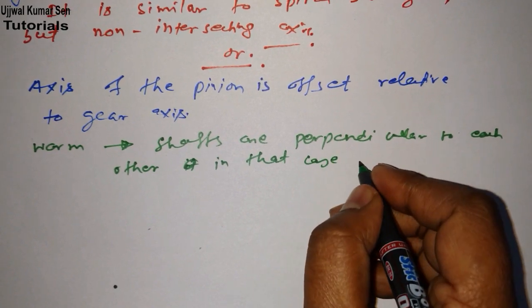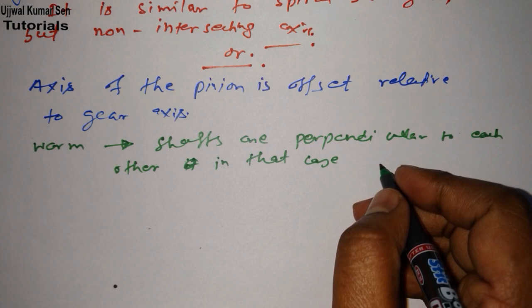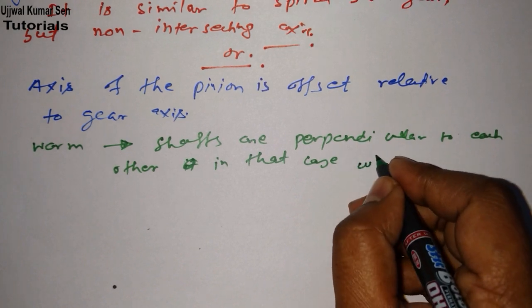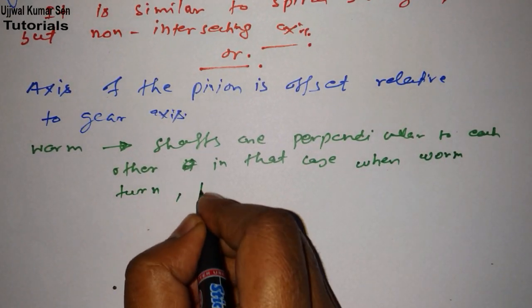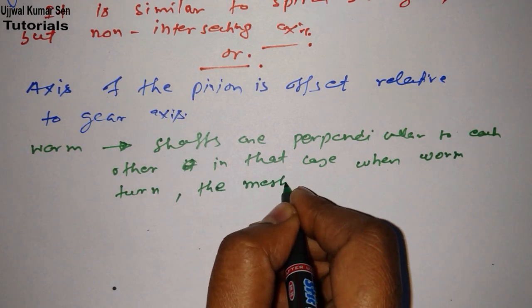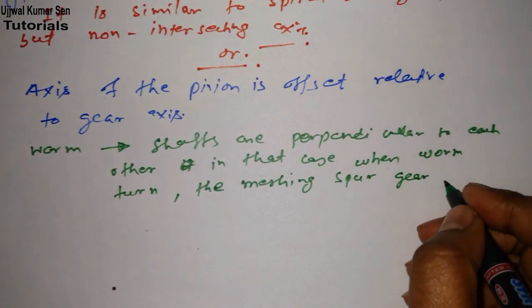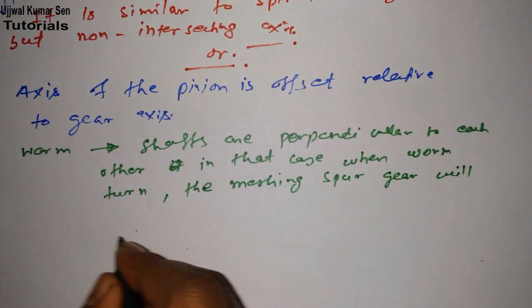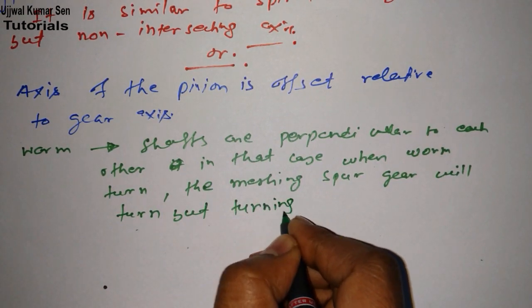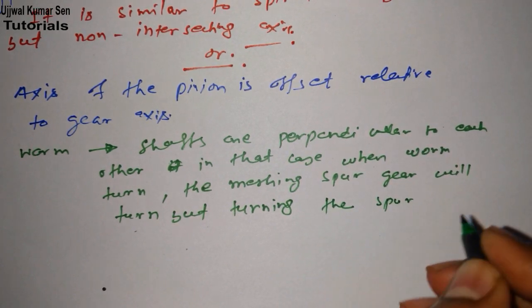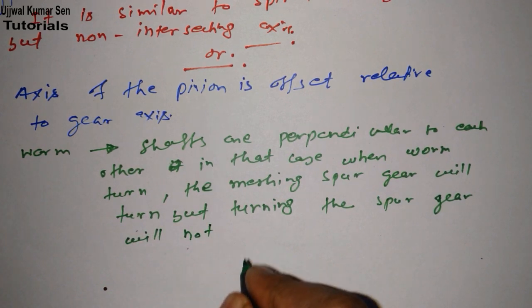In that case, when the worm turns, the meshing spur gear will turn. But turning the spur gear will not turn the worm.